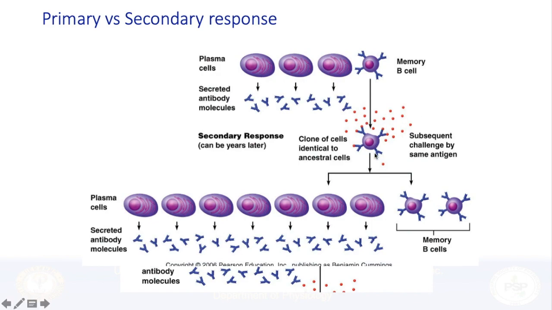The memory B cells become activated, and they will proliferate and differentiate into a set of clones again. Some of it will become memory B cells again of the same type. And if we look at the plasma cells, the number of plasma cells would be greater than in the initial response.